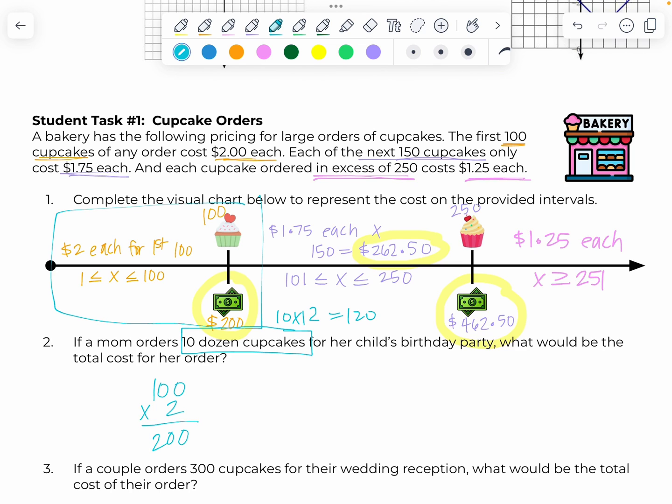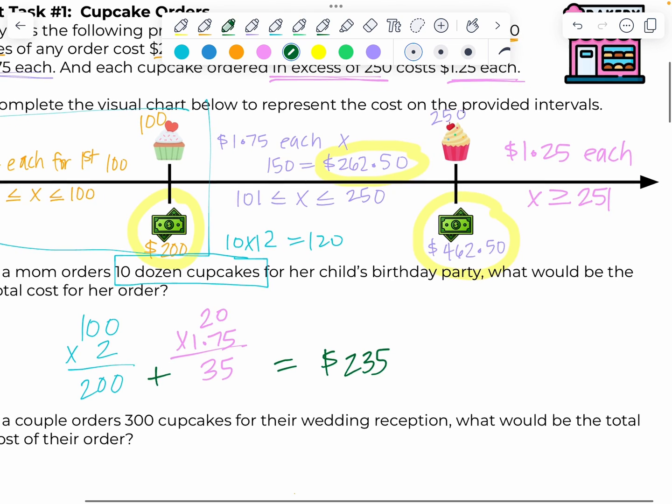Then she needs to buy 20 more. Her second 20 are going to be at our $1.75 each. Cupcakes 101 to 120. So 20 cupcakes times $1.75 each gives us a total of $35. And when we take the $200, add it to the $35, we get $235.